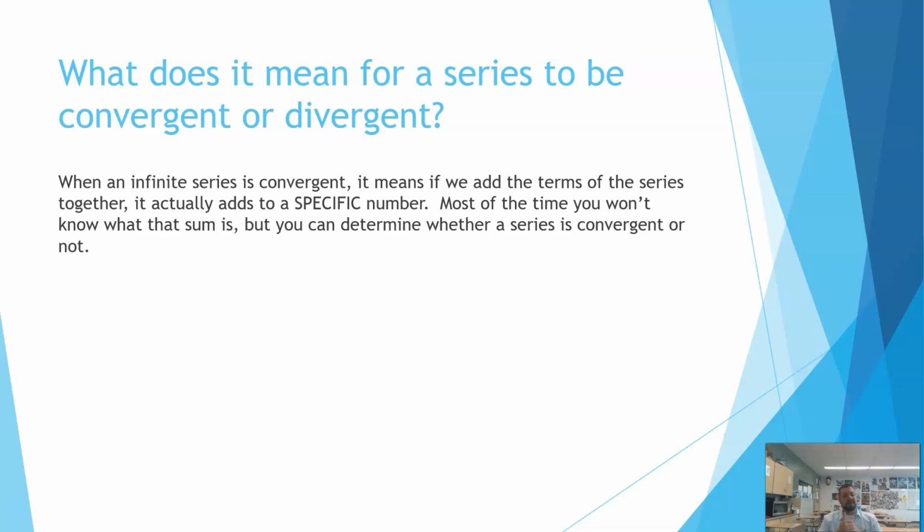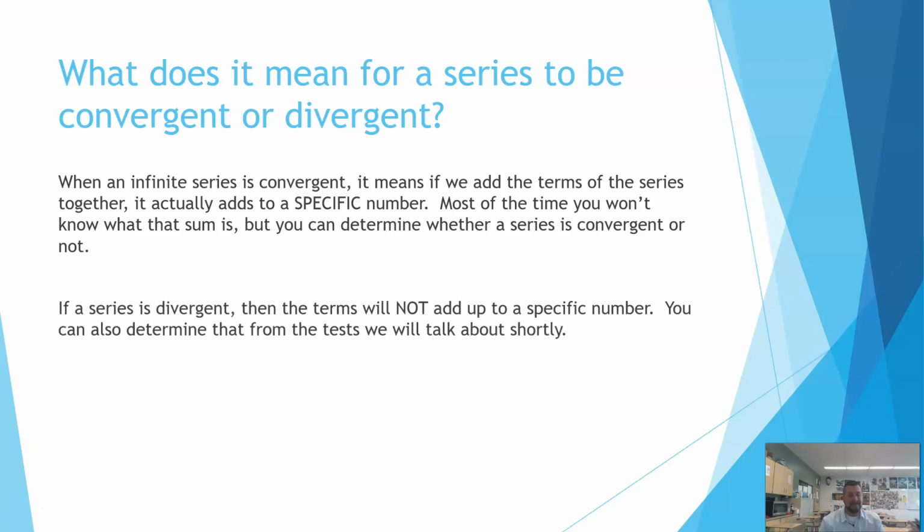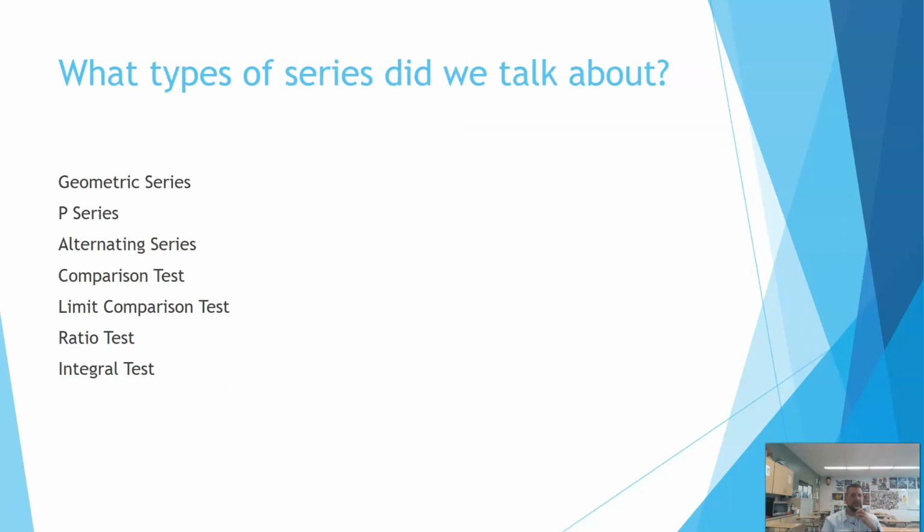Most of the time when we look at these, we won't know what that number is, but you can determine whether or not it's actually going to add up to a specific number. If a series is divergent, then we just say those terms are not going to add up to a specific number. It's just going to keep getting bigger and bigger and bigger, and there's no way to tell exactly what it's going to add up to.